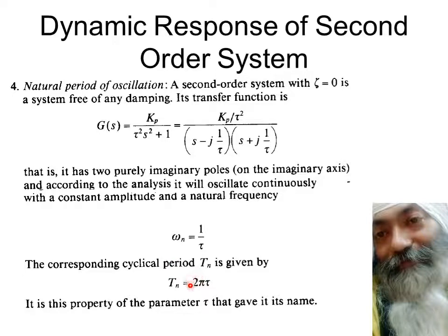This 2 pi will be there because omega n converted into tau into tn, you have to have the value 2 pi. So because of this value, the parameter tau is given the name natural period of oscillation. I think now it's very clear why we call it like that.